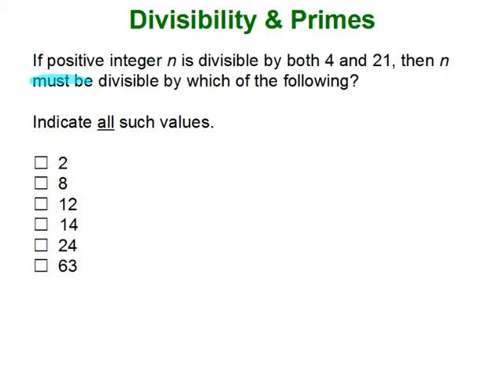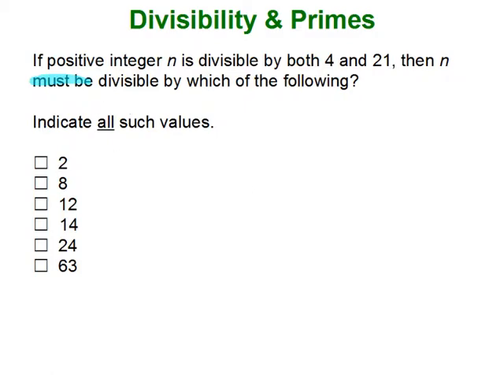So with the two 2s and a 3, you can create a 12, a 4, and a 6. So with that in mind, anytime you see the word divisibility, you're most likely going to have to utilize primes in some form or fashion.